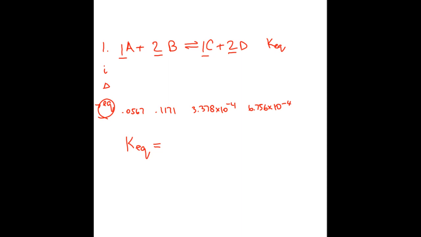So for this K equilibrium equation, it would be the concentration of C to the power of 1 times the concentration of D to the power of 2 divided by A to the power of 1 and B to the power of 2. And the products are always the ones on the right side of the equation. So the products are C and D, and they would be on the top.